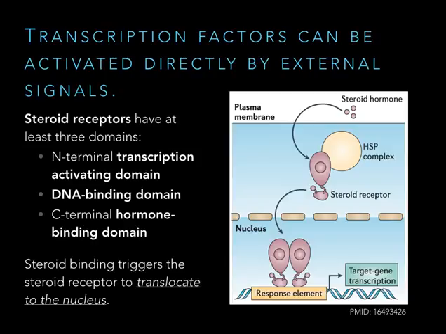So again, like other transcription factors, like NF-kappa beta, the steroid receptors are going to be held in the cytoplasm by some sort of inhibitory protein complex, and only when the steroid receptor binds to the hormone is that interaction disrupted, so that the receptor can move to the nucleus, generally dimerize, and then initiate transcription.